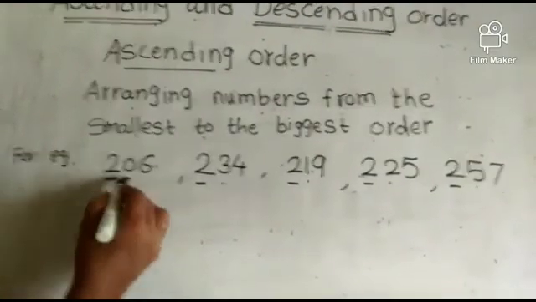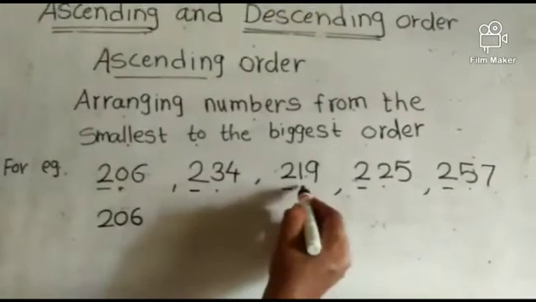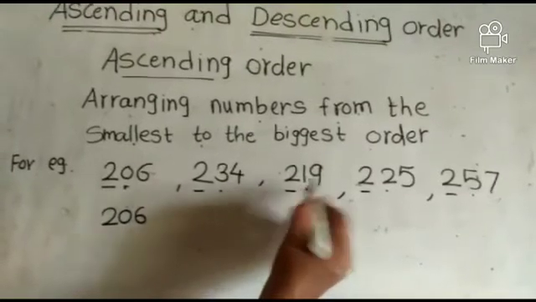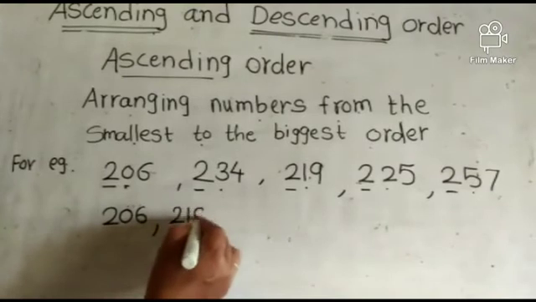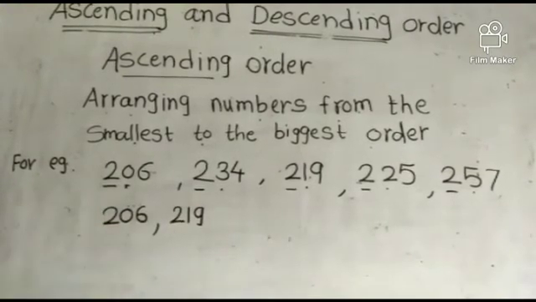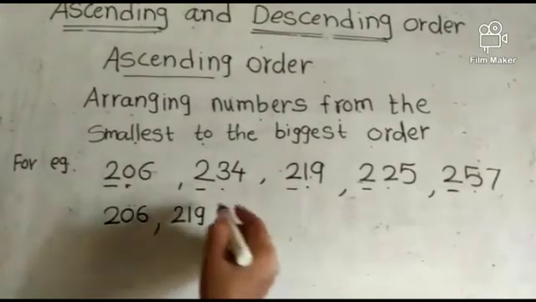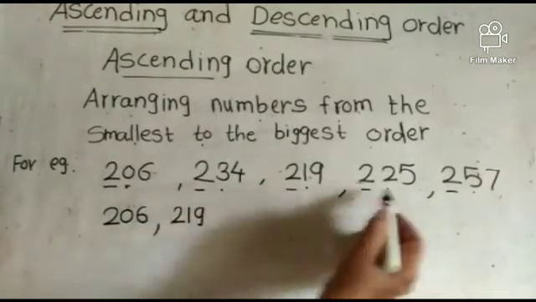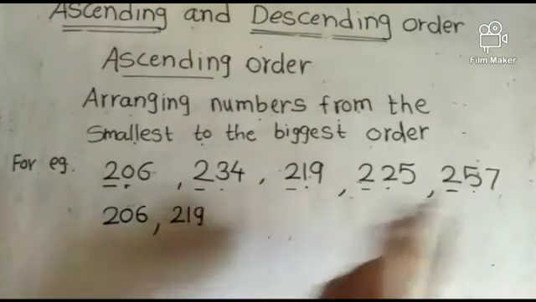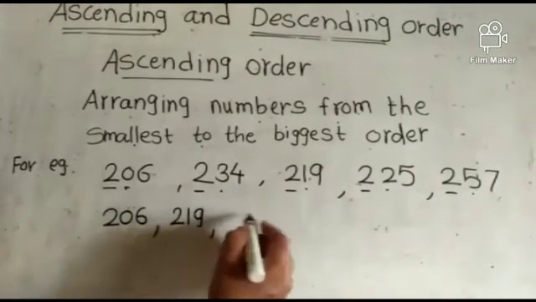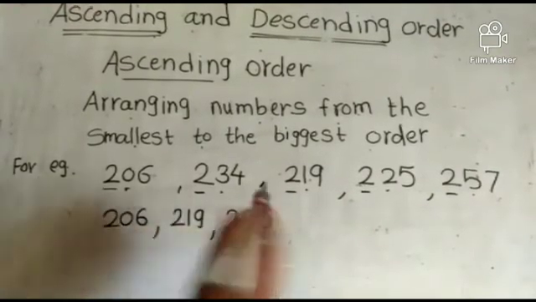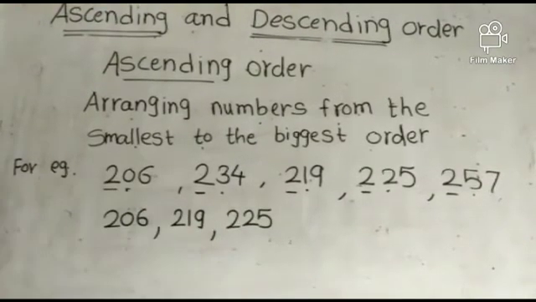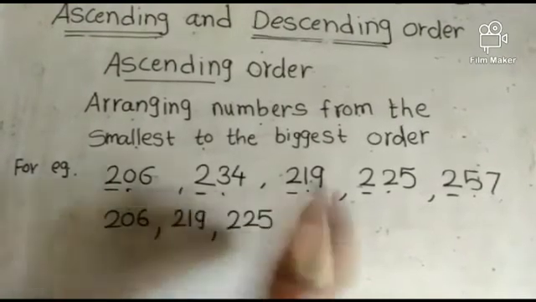Now look the tens place here, 1 tens. So 219 is coming after 206. Now this number 2 tens here. After 219, 225 will come after this number, and then here 3 tens.